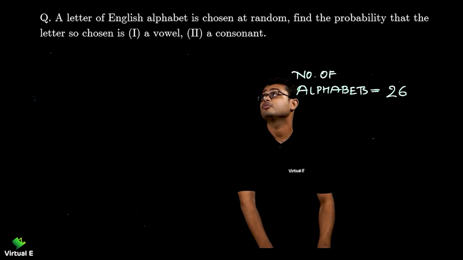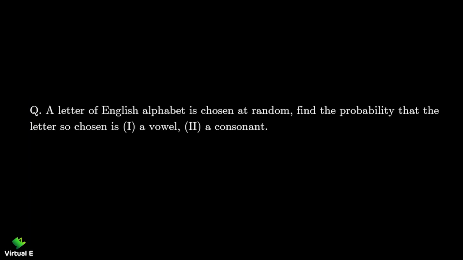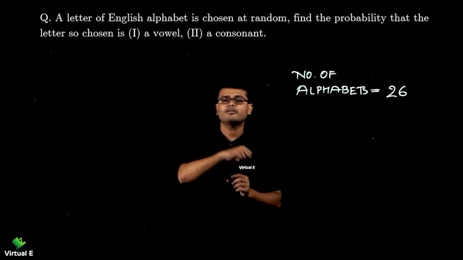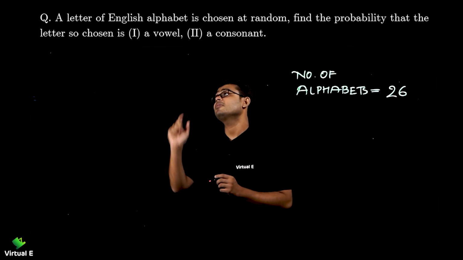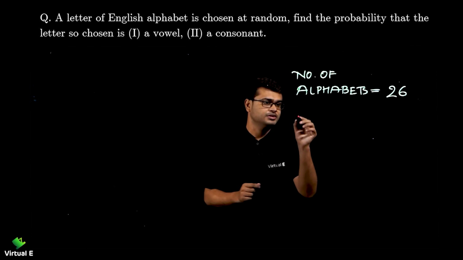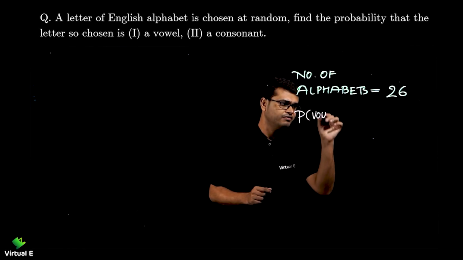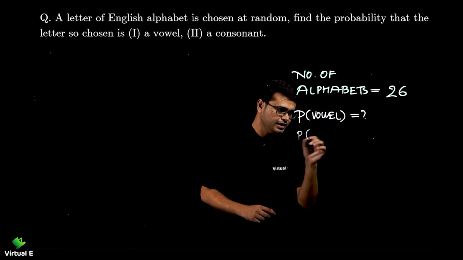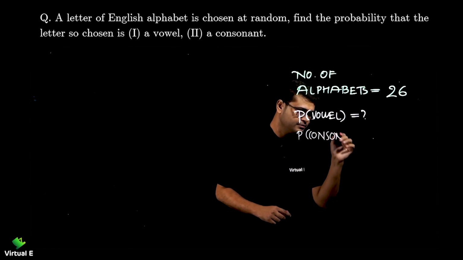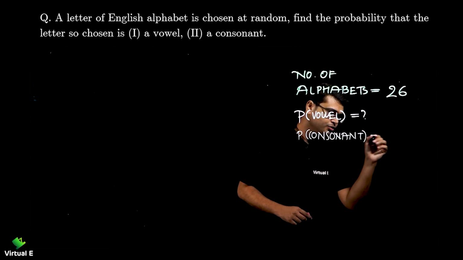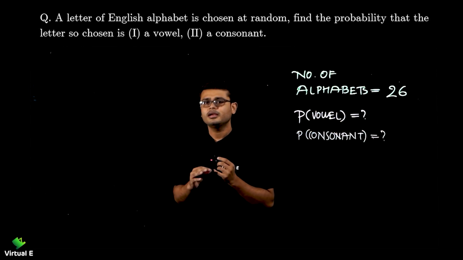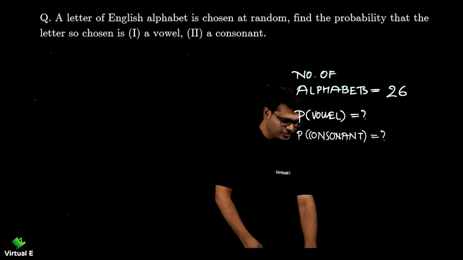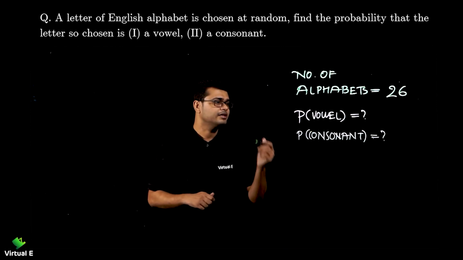Done. Now what do we want to do with that? Find the probability that the letter so chosen is a vowel and a consonant. If we take one random alphabet from it, what is the probability of getting a vowel? So let's write probability of getting a vowel, and next probability of getting a consonant. First of all we need to get how many vowels are there in the English language.